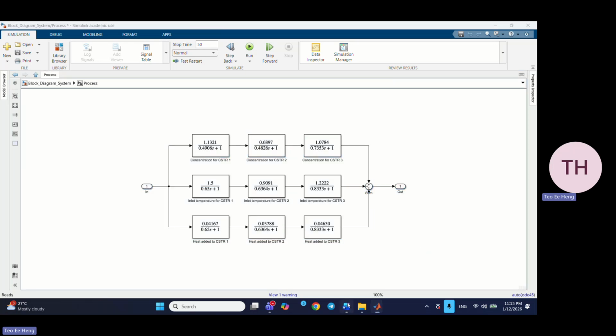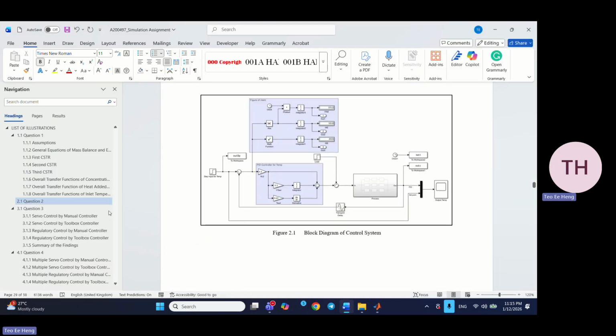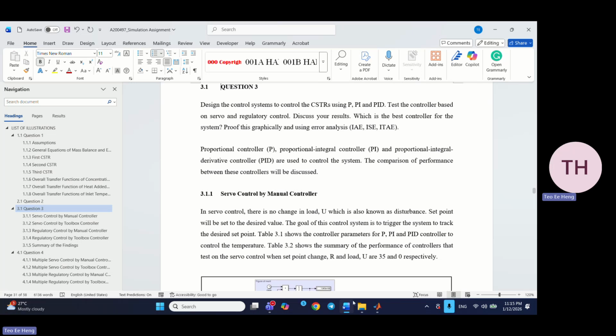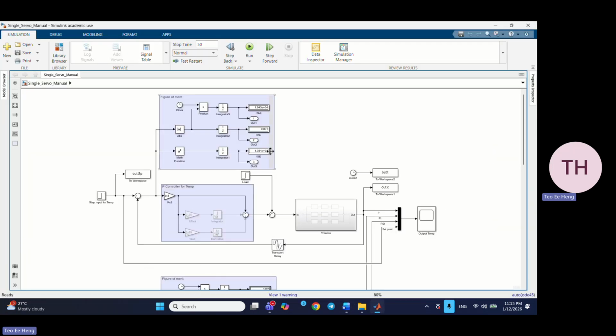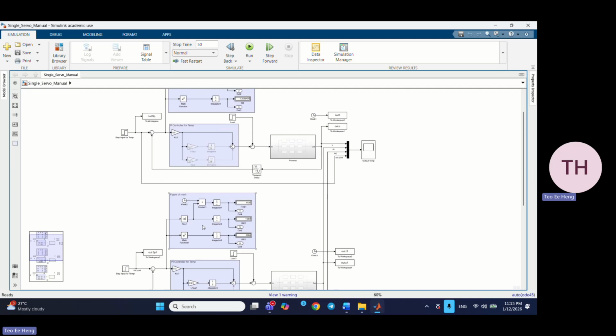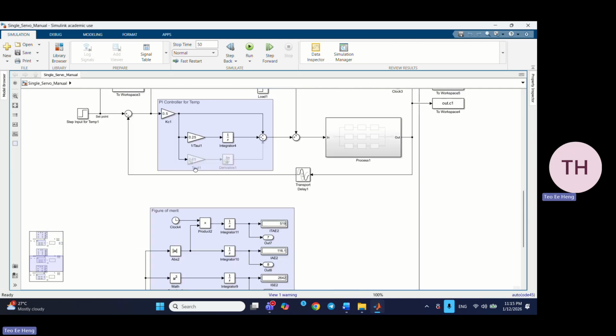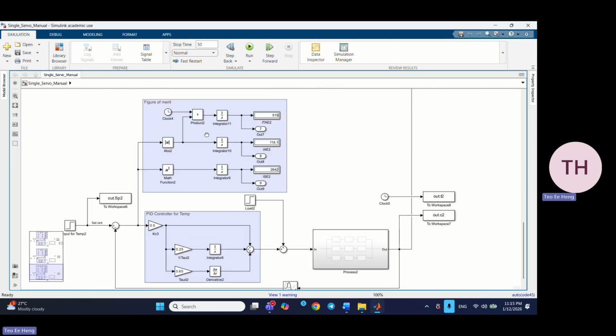For question 3, we need to design a servo control system with manual controllers. So we need to construct a P controller, a PI controller and also a PID controller.